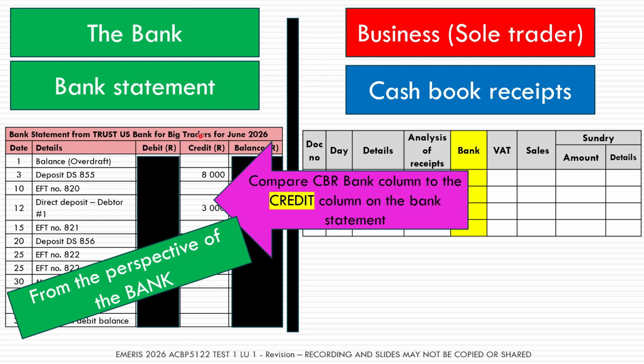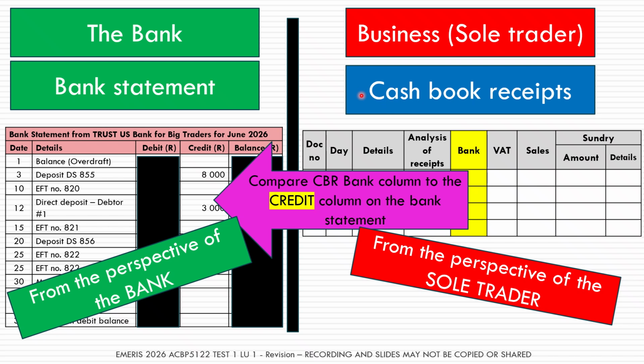And when we do these comparisons, we're really only interested in the bank column of the cash book receipts. Because you'll remember from last semester that the bank column is the primary column of the cash book receipts. And this column is the one that has to match up to the credit column of your bank statement. So the bank statement is done from the viewpoint of the bank, where your cash book receipts is prepared from the viewpoint of the sole trader.